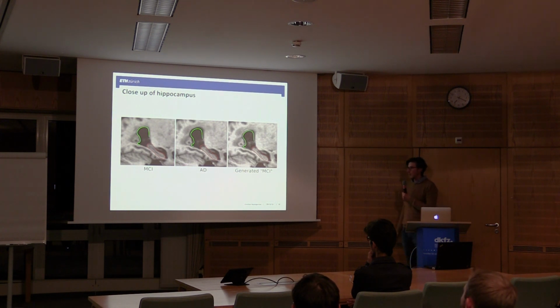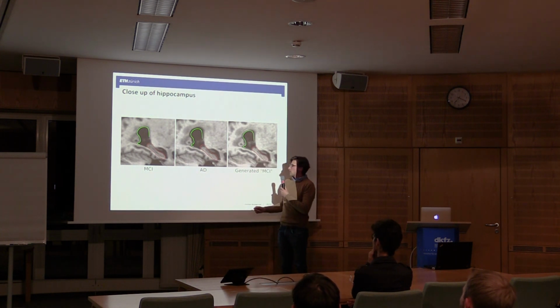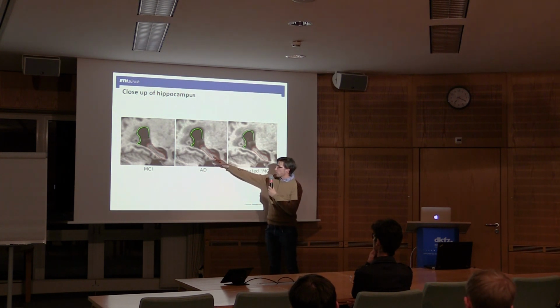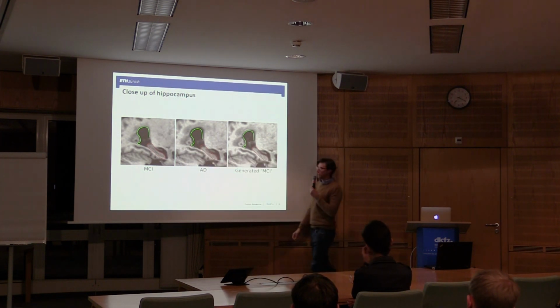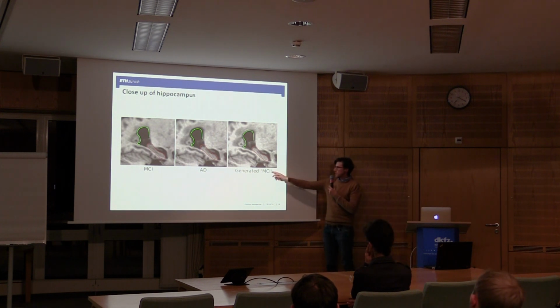You can look at the close-up of the hippocampus, which is the region that's involved in memory formation. So this is a real MCI image, and this is the same patient after they got Alzheimer's disease, and you can see the shrinkage of the hippocampus and the shrinkage of the tissue around the ventricles.